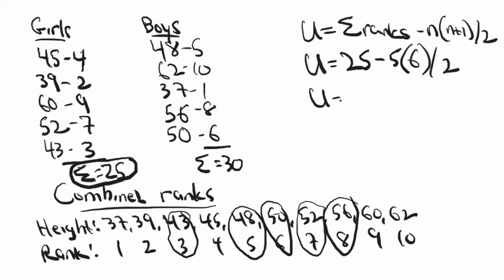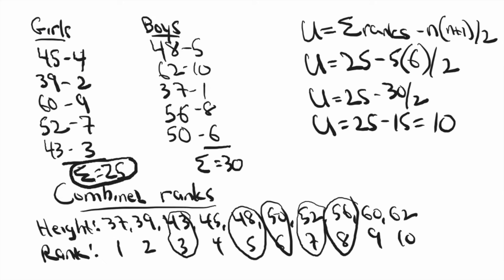U equals 25 minus 30 divided by 2. U equals 25 minus 15 equals 10. So U equals 10. That's my observed U value.